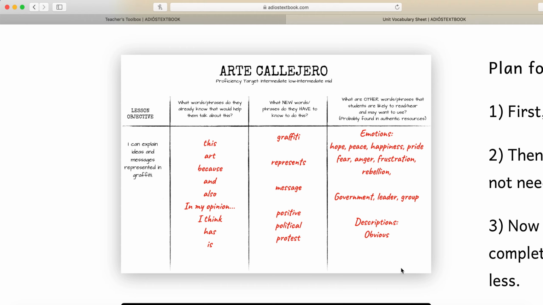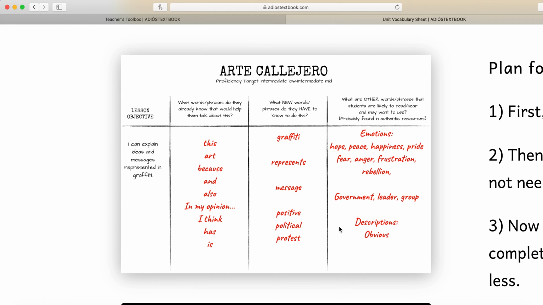Then the last column is all about what else they might use that is going to enrich what they're talking about and really give it some more depth. Well, they're talking about these ideas and explaining them. They might connect to some emotions. This is where I might give them something where they can choose from the different emotions, but I wouldn't expect them to know all of the emotions by the end of this lesson.